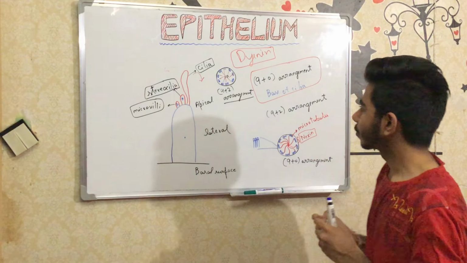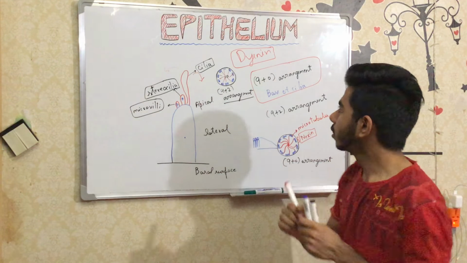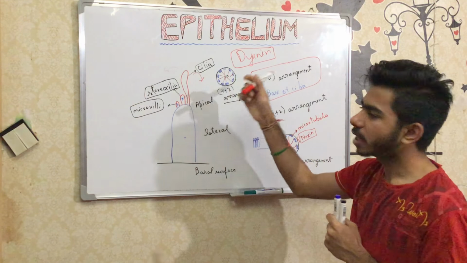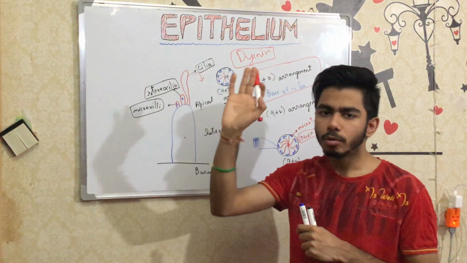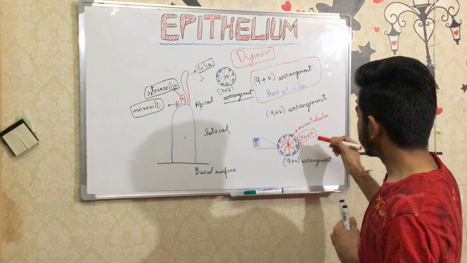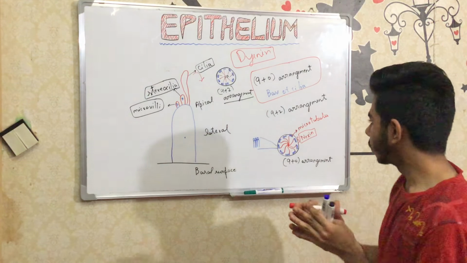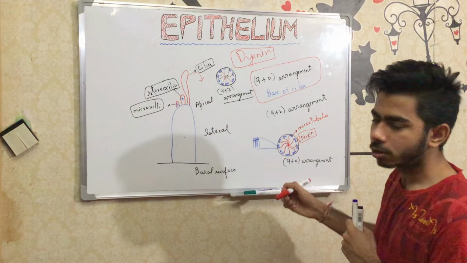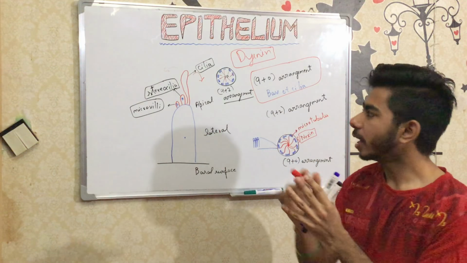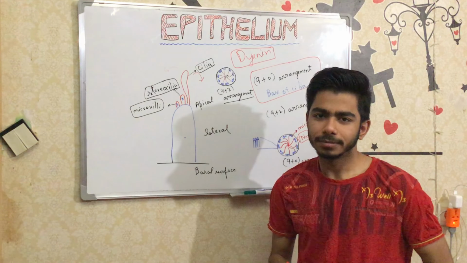If the cilia are moving, that means they are taking the help of the dynein molecules. Dynein is responsible for the movement of the cilia, and nexin is responsible for the binding of the microtubules. So nexin binds the microtubules, and dynein is responsible for the bending of the cilia.